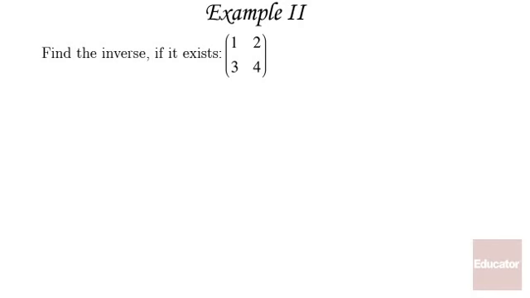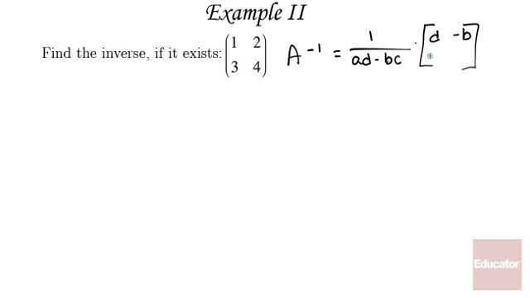Find the inverse if it exists. So finding the inverse of a 2 by 2 matrix, recall, uses this formula: 1 over the determinant, which is AD minus BC, times the matrix D, negative B, negative C, A. So A inverse, calling this matrix A, is 1 over the determinant.